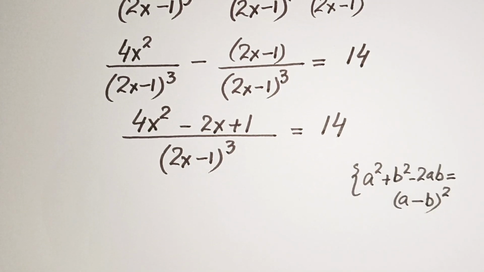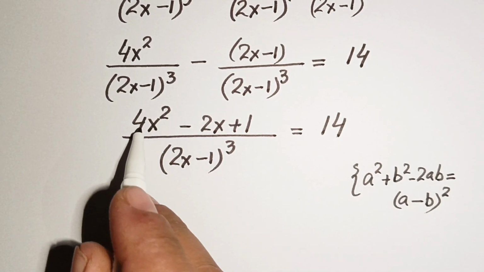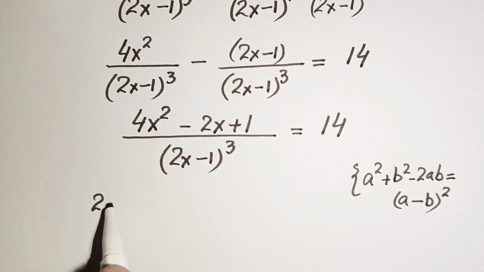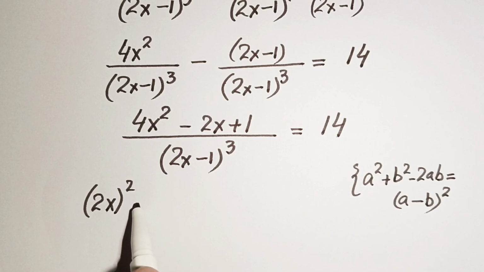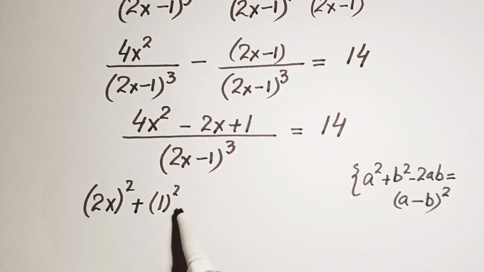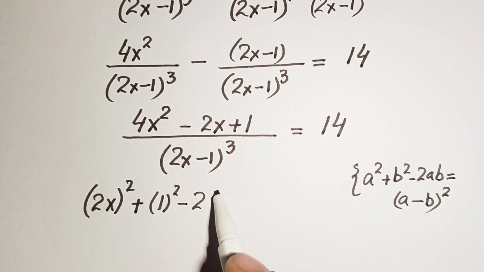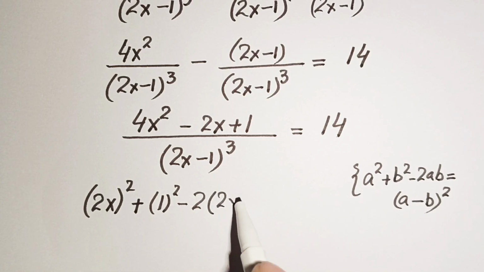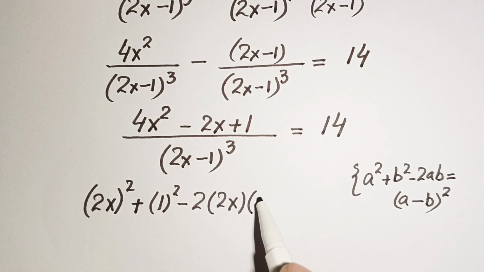Here 4 is 2 squared, and (2x) whole squared is equal to 4x squared. Similarly, 1 squared will be equal to 1. And minus 2 times a times b, here a is 2x and b is 1.